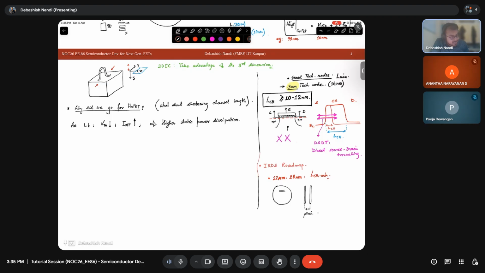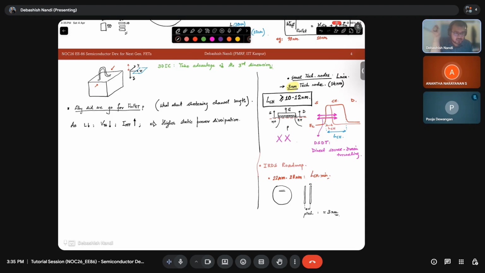The width of the metal line, the minimum of that, is around 3 nanometer. It has nothing to do with the channel length in today's technologies.